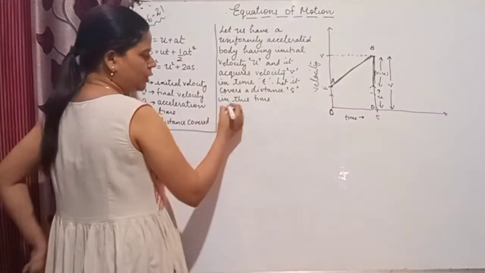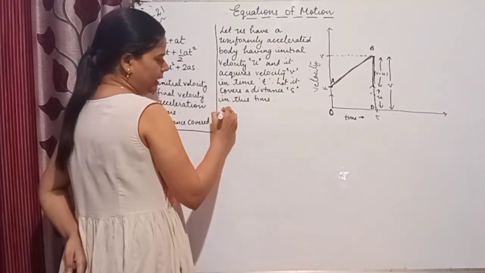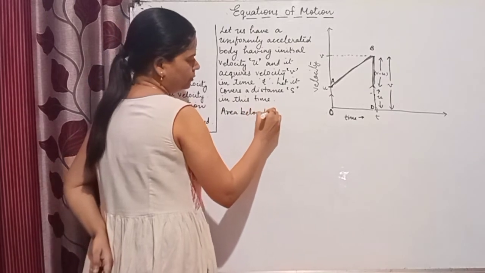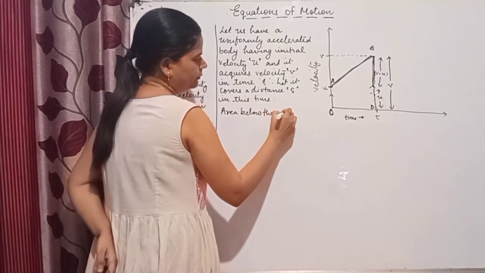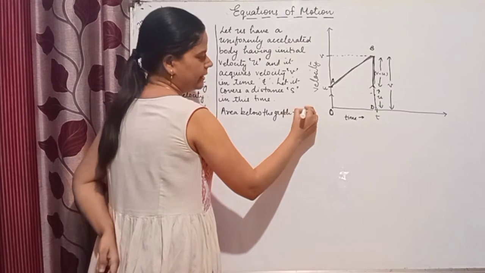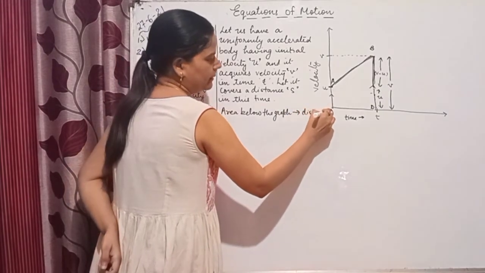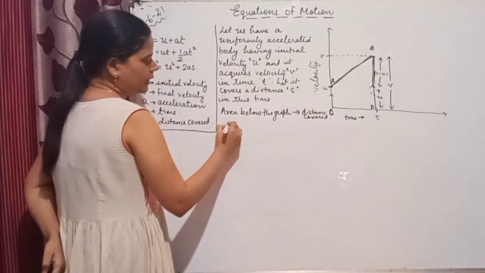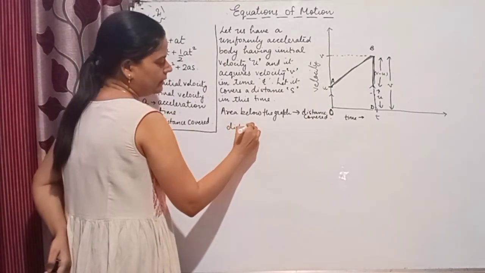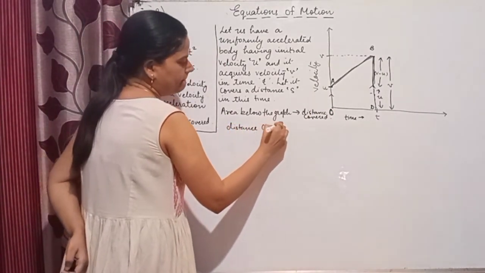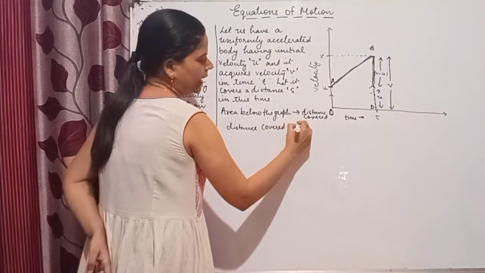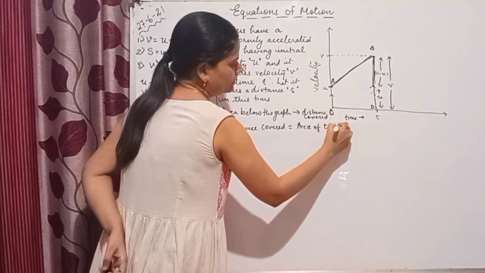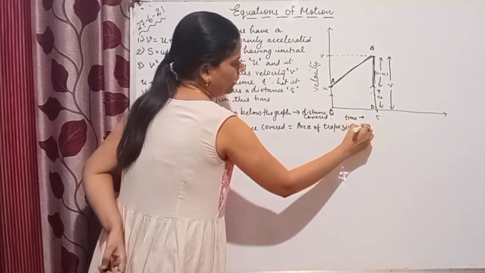So we all know that the area below the graph represents distance covered. So distance covered will be equal to the area of trapezium.